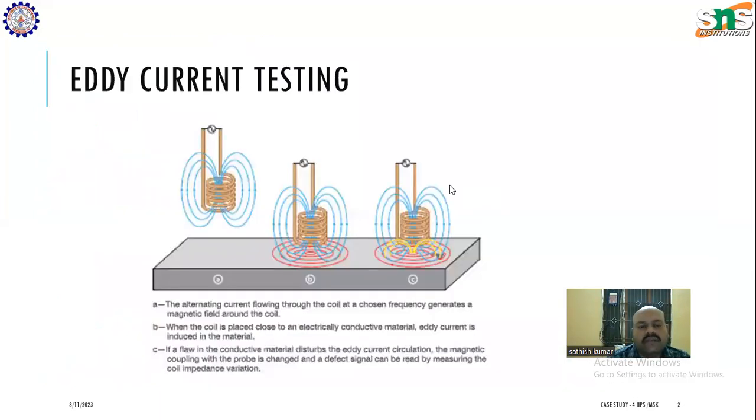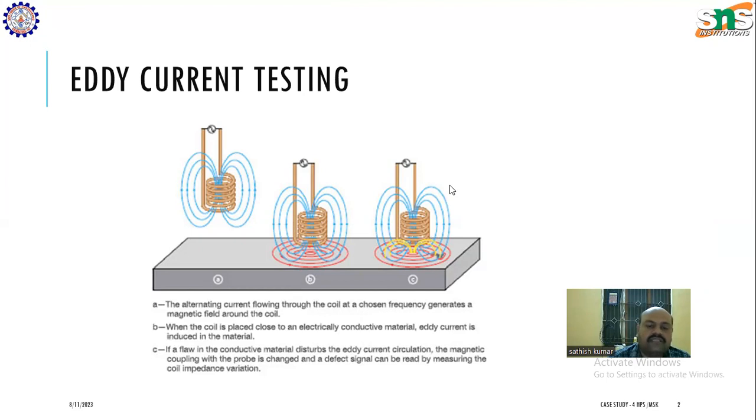Okay. So here we have coils where the alternating current flowing through the coil at a chosen frequency generates a magnetic field around the coil. When the coil is placed close to an electrically conductive material, eddy current is induced in the material.